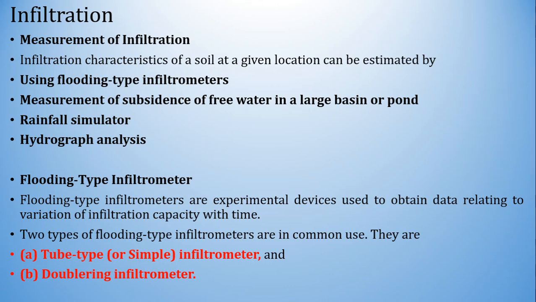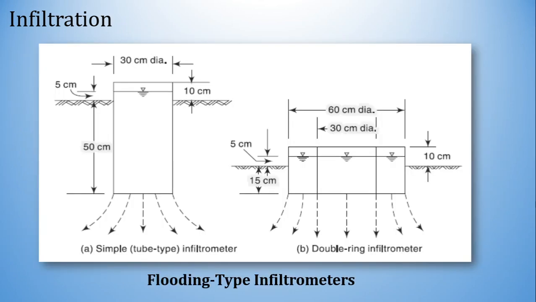They are the tube type or simple infiltrometer, and second is the double ring infiltrometer. So this is the schematic diagram of the flooding type of infiltrometers. Here in the first figure, figure a, a simple tube type infiltrometer is shown, which has a total depth of 60 centimeter, of which 50 centimeter is driven into the soil mass, and 10 centimeter is kept above the ground level.